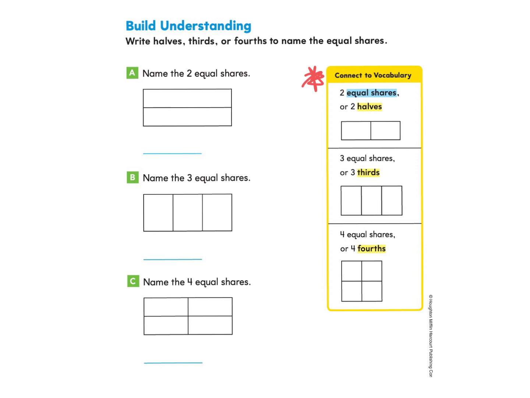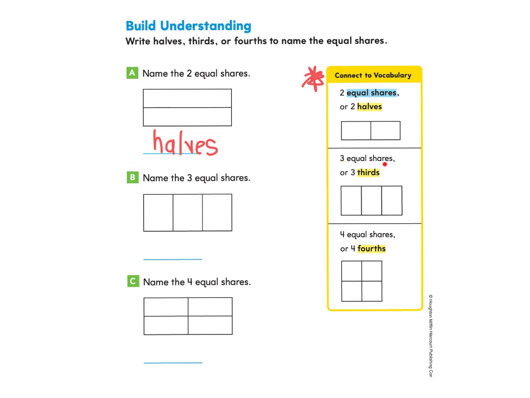Now we're ready to name the equal shares we see. The first one, part A, asks us to name two equal shares. Here we have 1, 2 equal shares, and we know that 2 equal shares is also called halves. So we can write in the word halves here. Now let's look at part B. Name 3 equal shares. We have 1, 2, 3 equal shares.